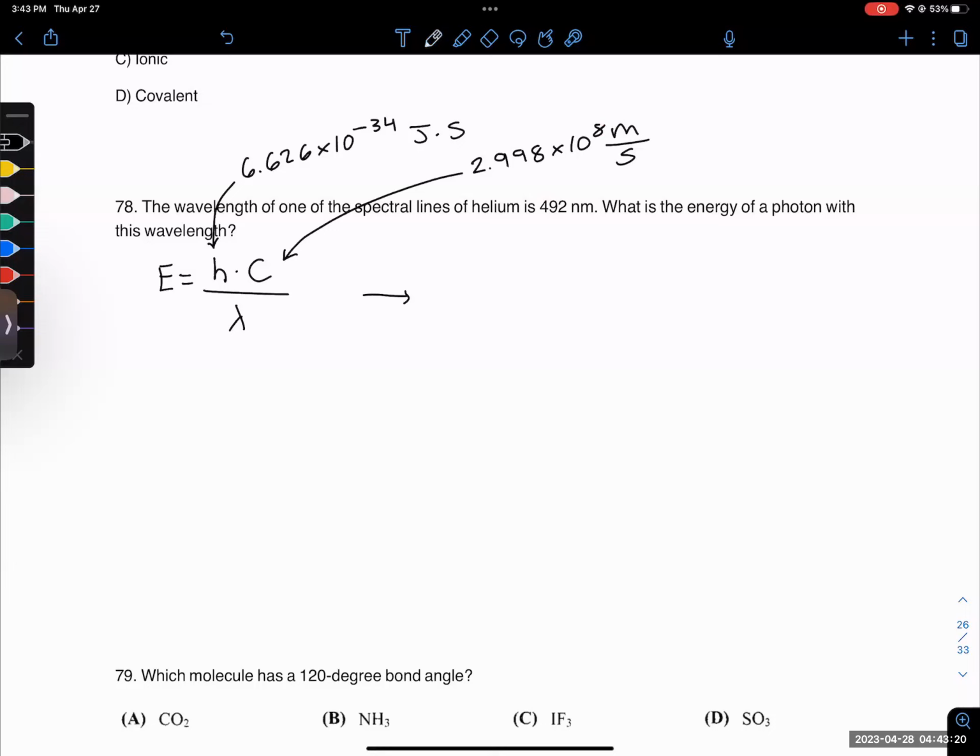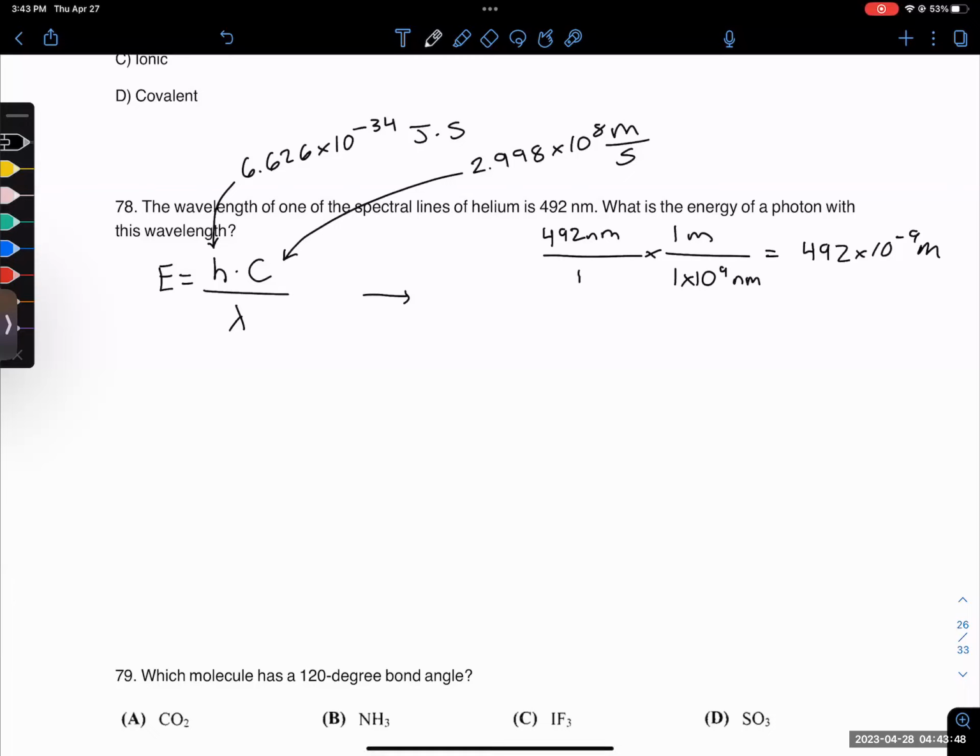So 492 nanometers converts to how many meters? 10 to the 9th nanometers is 1 meter, which means we're dealing with 492 times 10 to the minus 9 meters.